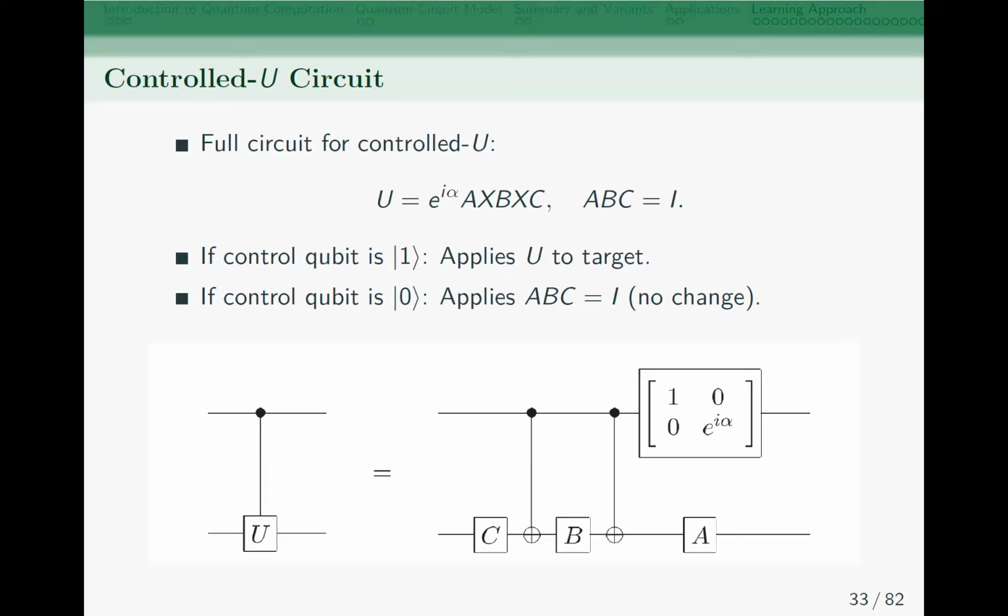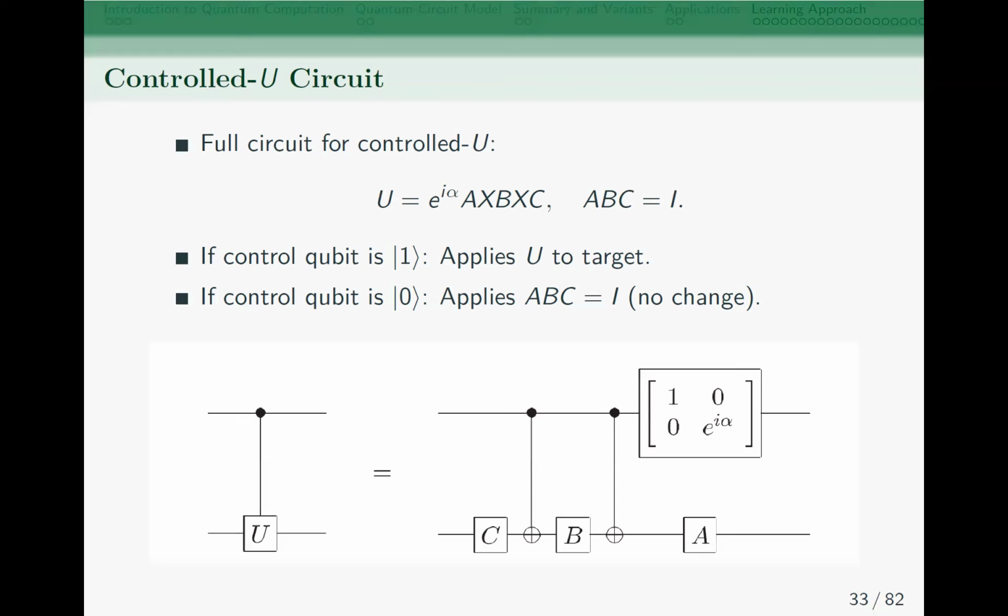And from this side, if the input is 0, then there's no C naught here. So for any state below here, the left-hand side is identity. And on the right-hand side, you will apply C, then B, then A, because there's no control if the first qubit is 0.